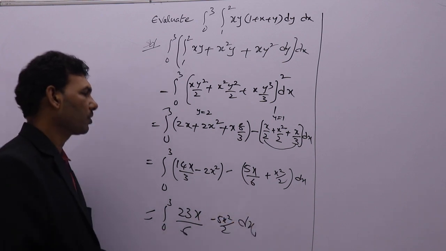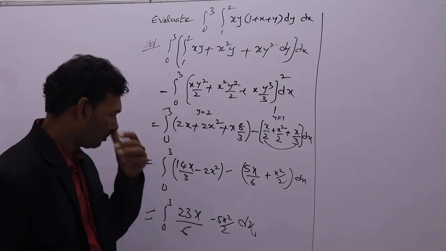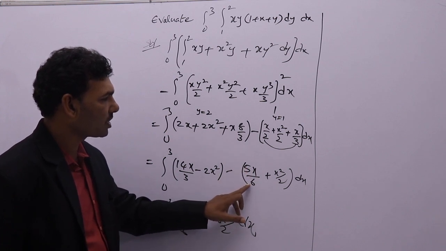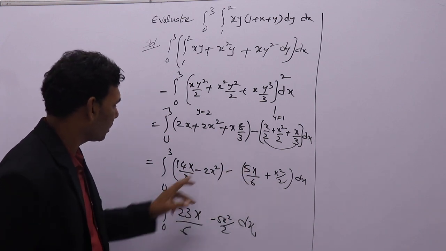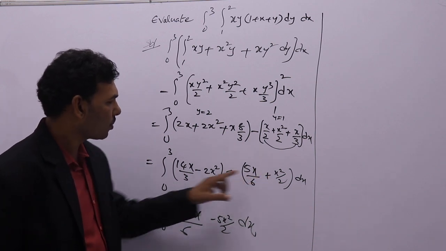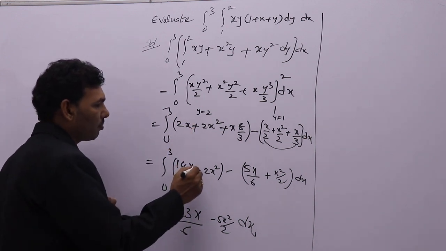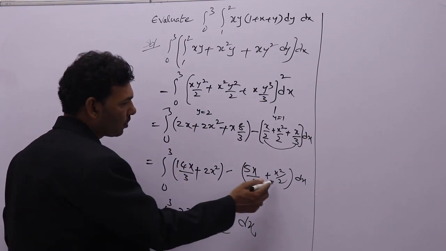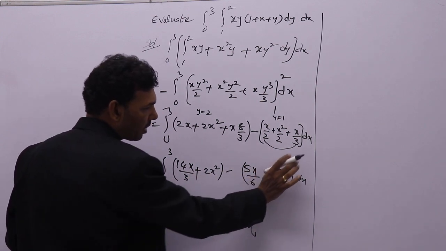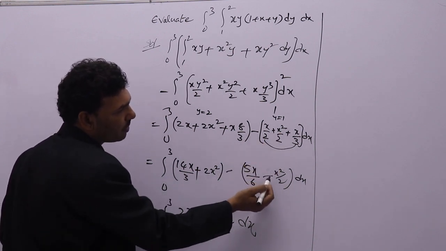Are you clear? x by 3, x by 2, 5x by 6, this is okay. If you subtract, this one is okay. Here plus into minus is minus, 2 2s are 4, here plus 2x square, right? 2 2s are 4, 4x square minus, and if you multiply with minus, here only plus we are having.